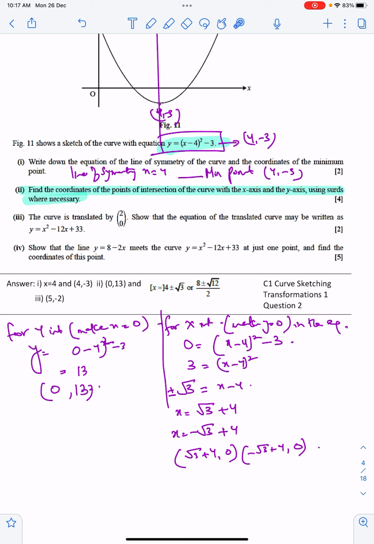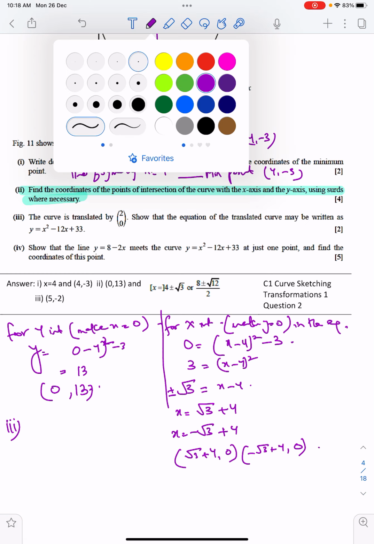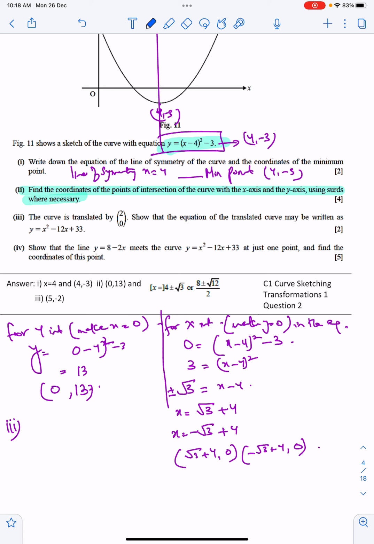Then they are saying in the next part of the question, the curve is translated by (2, 0). Show that the equation of the translated curve may be written as this. If the whole curve is translated by (2, 0), that means in place of x minus 4, I have to subtract 2, 2 units onto the right, meaning negative 2 here.